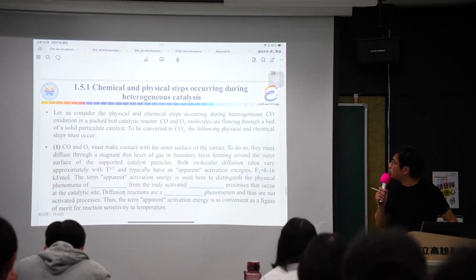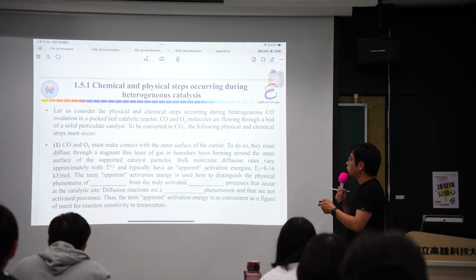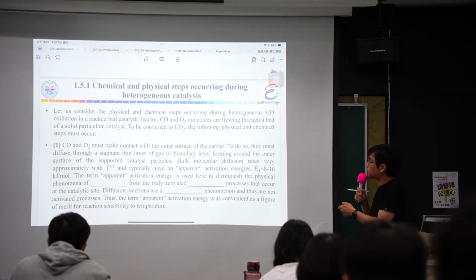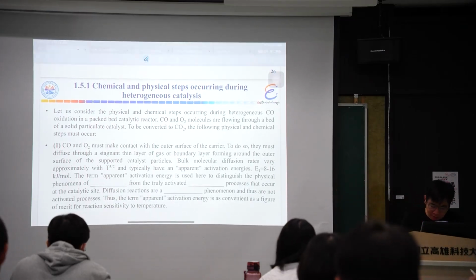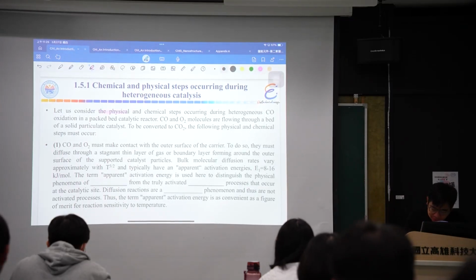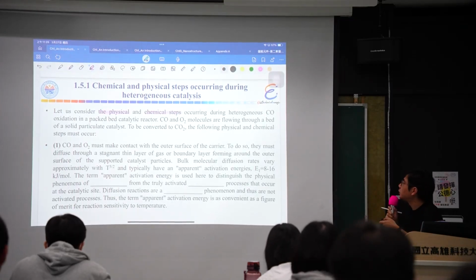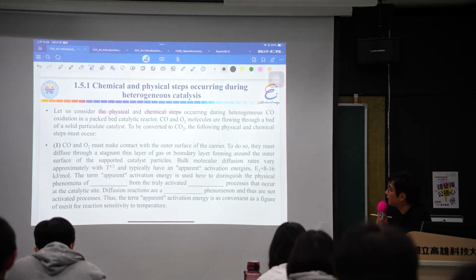So the example is now we consider a physical and chemical state occurring during the heterogeneous CO oxidation in a heavy phase catalytic reaction.